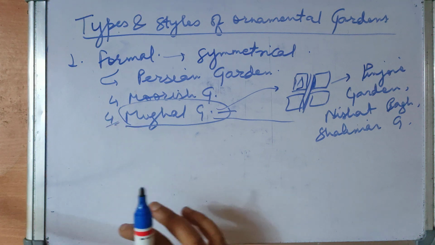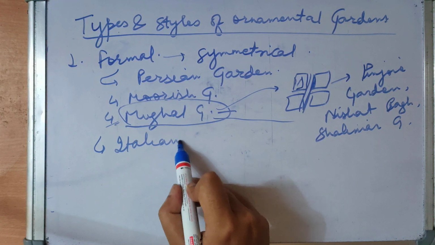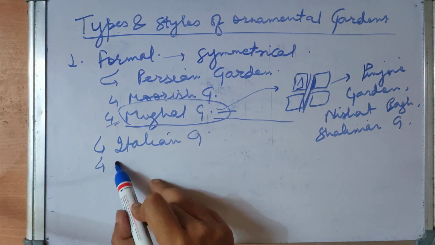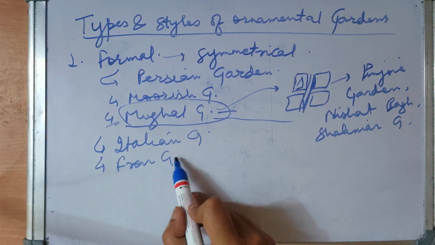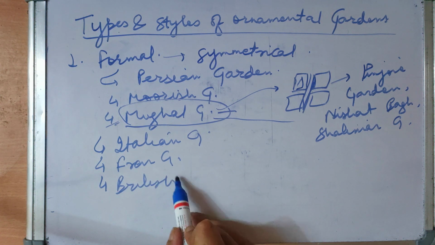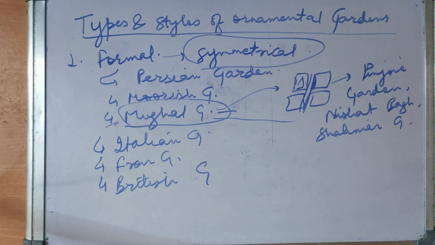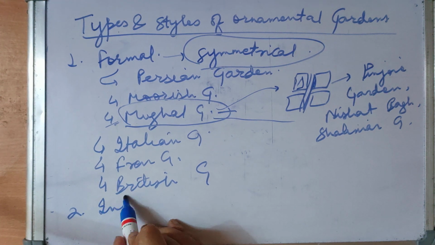After Mughal gardens, we have Italian gardens, French gardens, or you can say British gardens. So these are formal style. Everything is planned in symmetry, as per geometrical styles. So these are formal gardens. Now second, there are informal gardens also.